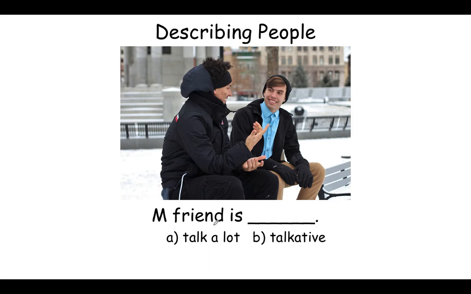This one is supposed to say, my friend is talk a lot, or talkative. This one is interesting because the word talkative means to talk a lot. When you're describing somebody, you would say, my friend is talkative.